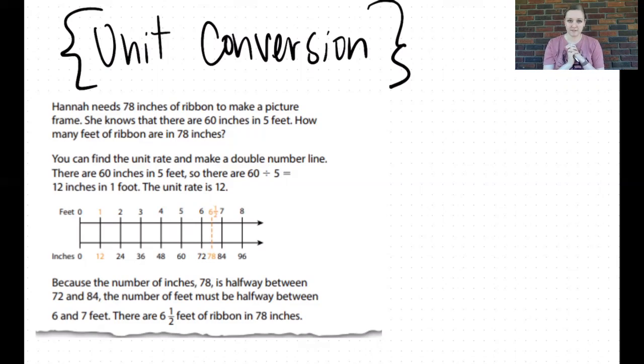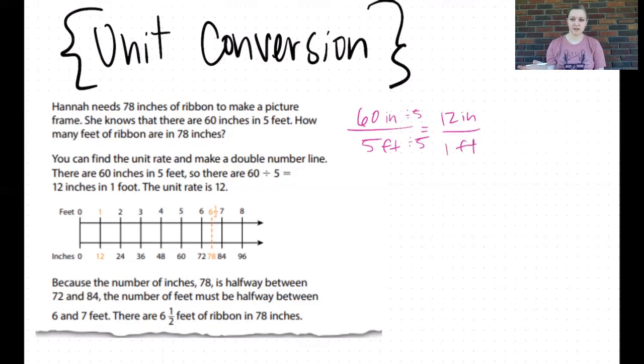So what they did after that was they basically used a unit rate where they said, well, if I know that 60 inches is equivalent to 5 feet, then I'm going to figure out, if I divide both of these by 5, if I find my unit rate, they're at 12 inches and 1 foot.